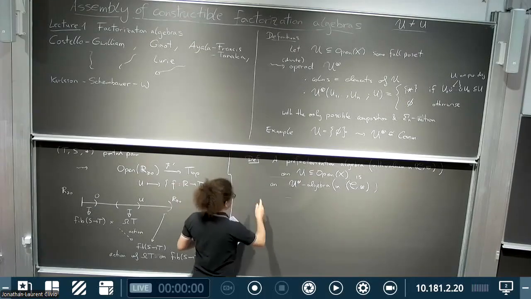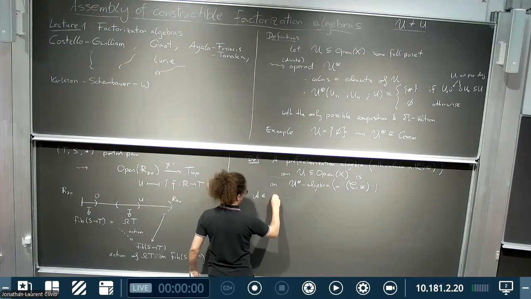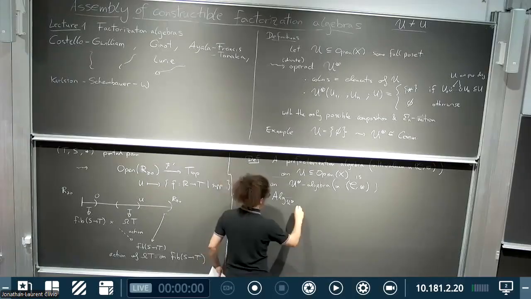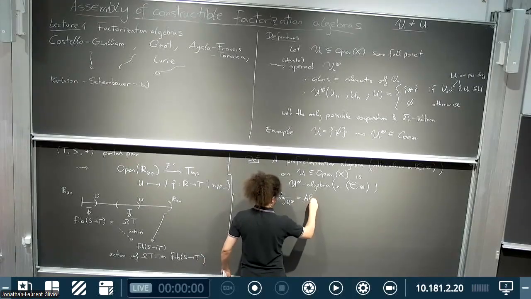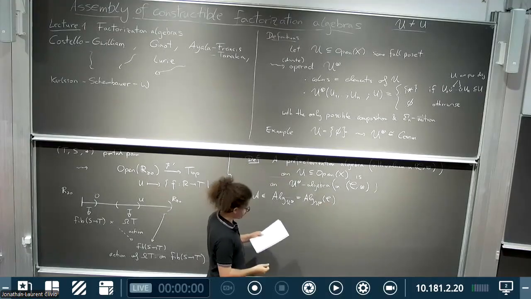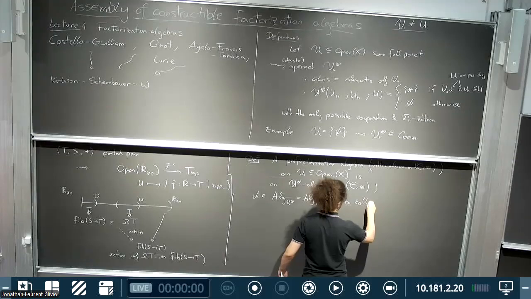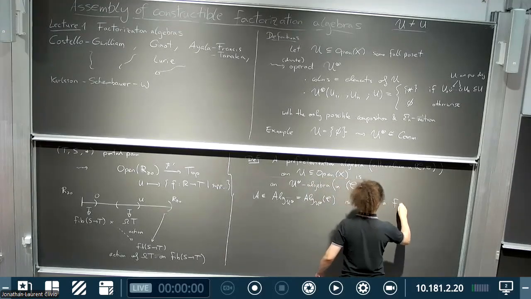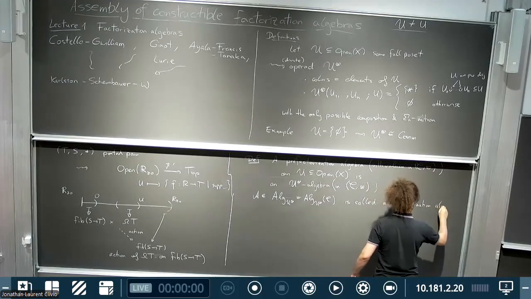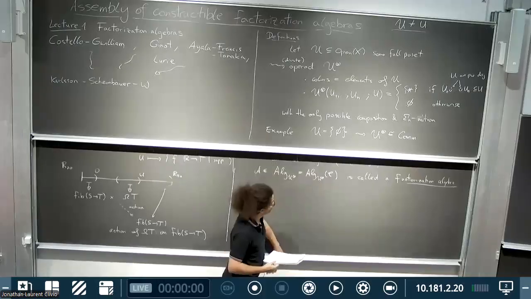And such an algebra in C, where I will also drop the C from the notation when appropriate, is called a factorization algebra if additionally the following two conditions hold.